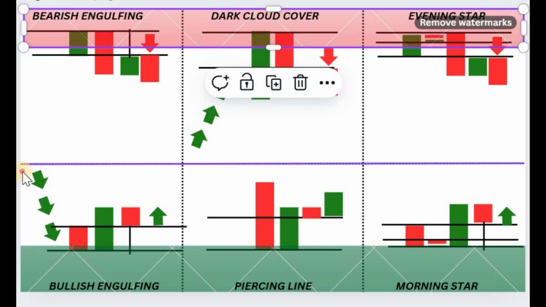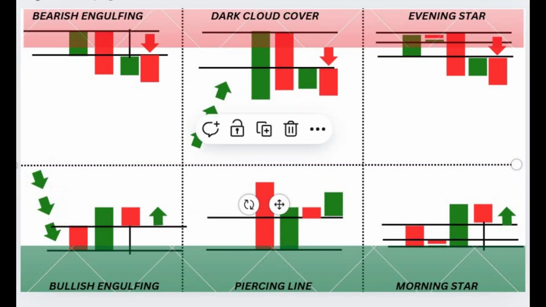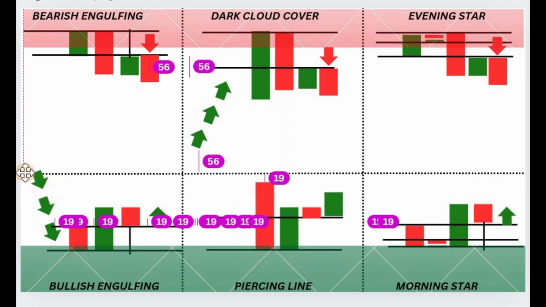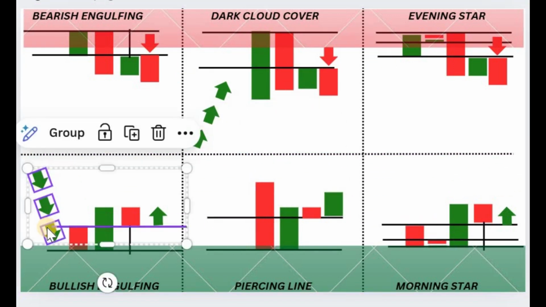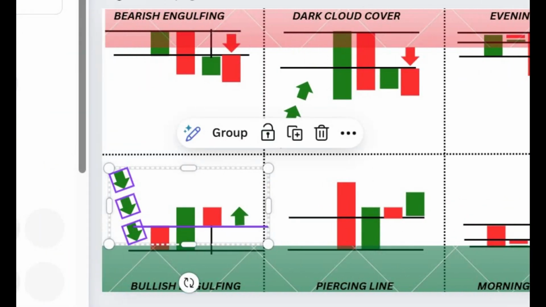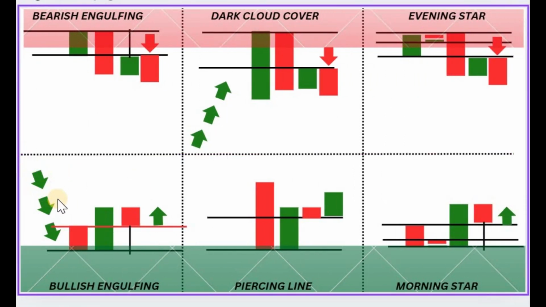This should be all red candlesticks to illustrate the position of the previous trend. You see these three candlesticks, they should be all red. Let me make them red. I can't do that now, but you get the point.